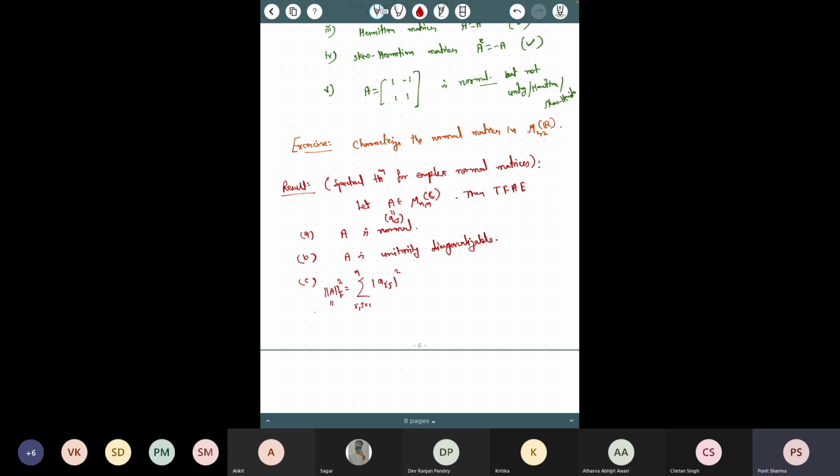You remember what the Frobenius norm is? It is trace of A A star.